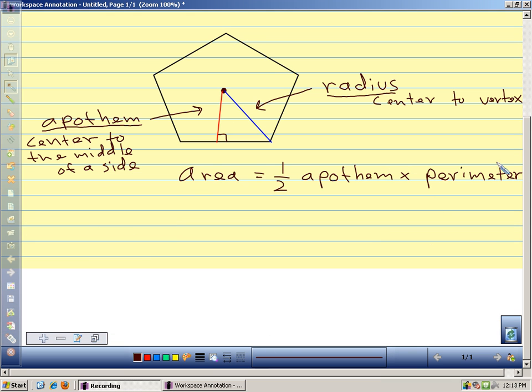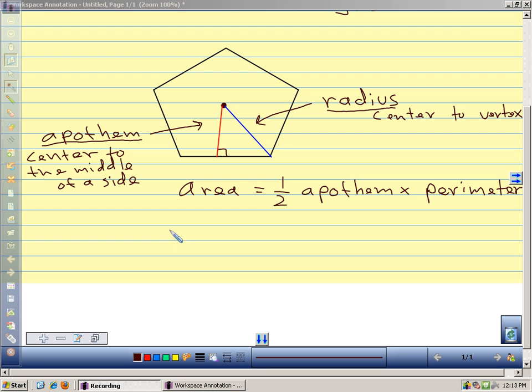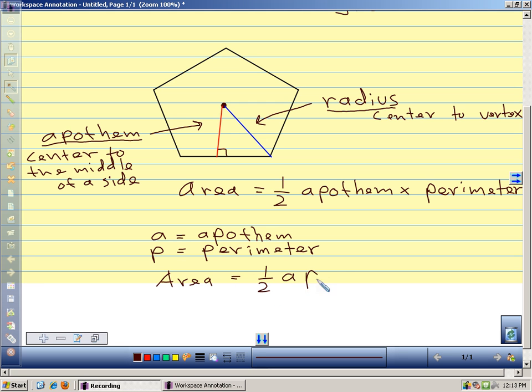The way we normally write it is the apothem is A, and the perimeter is P, so we can write this as the area equals 1/2 AP, and that's the same as AP divided by 2. So we're multiplying the apothem times the perimeter.